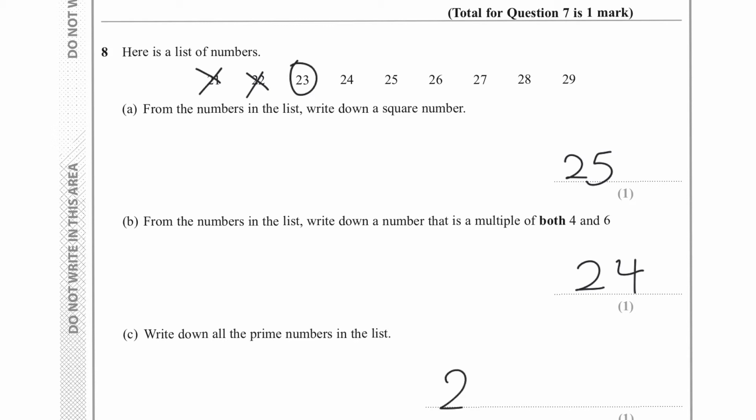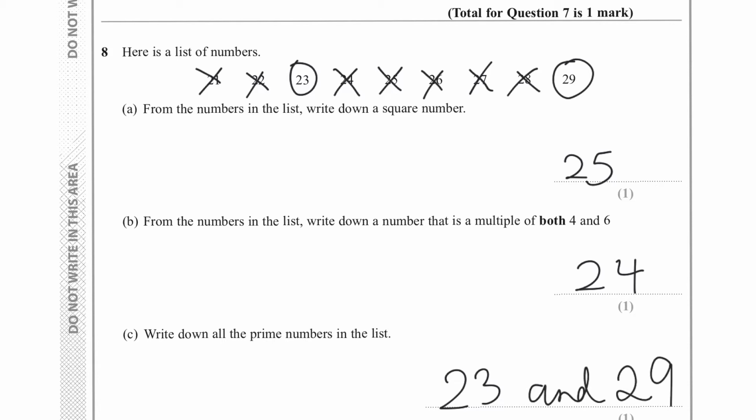It can't be divided by anything else except itself and 1. 24 is not. Any of these even numbers are not prime numbers, just to make life easier. 25 is definitely not because we know it's a squared number, so it can be divided by 5. 27 is not as well because it can be divided by 3. But 29 is also a prime number. So the answers are 29 and 23. And you must write down both of them to get the mark because it says write down all the prime numbers in the list.